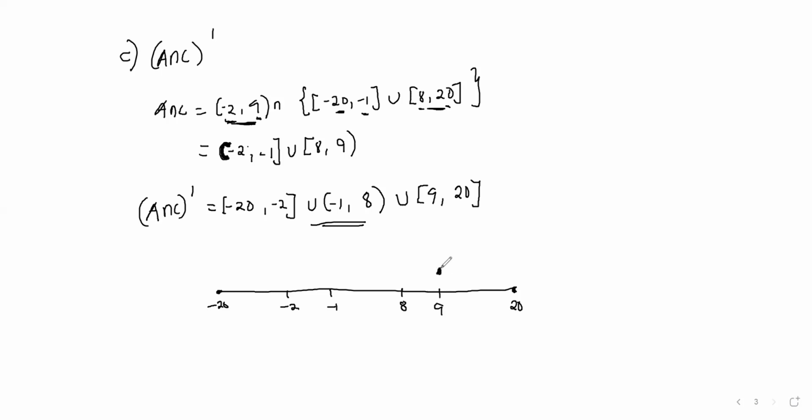So this part up to there, this part up to there, and this part up to here. That's how it looks on the number line. If you are used to shading, you can even be shading. You shade like that.